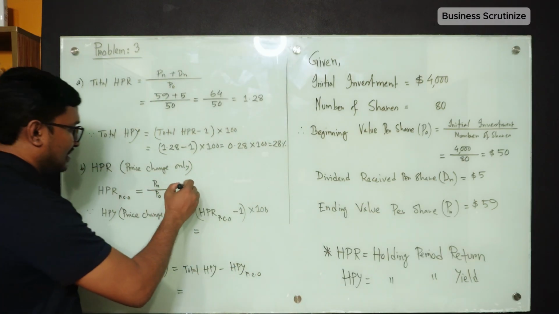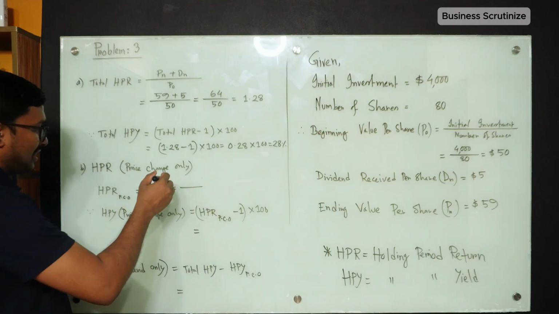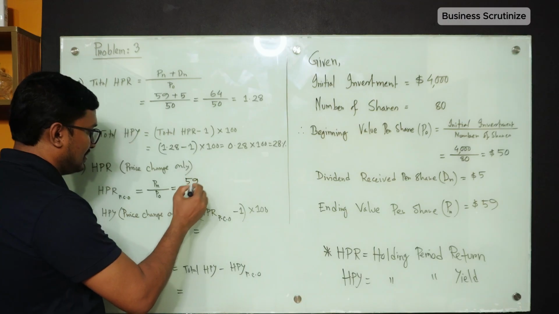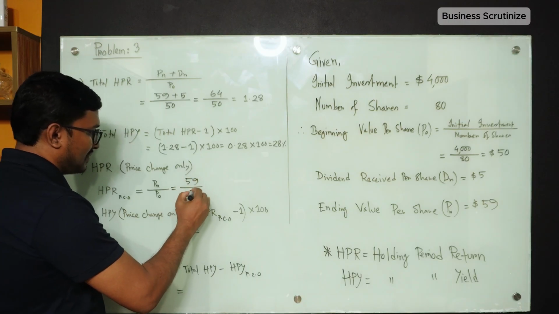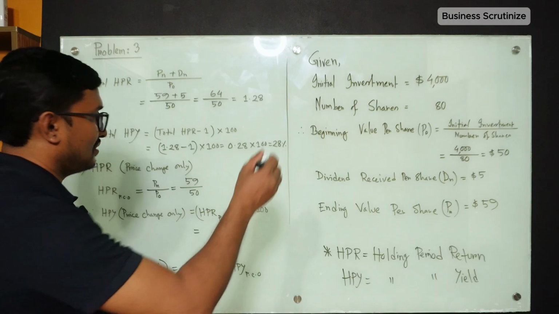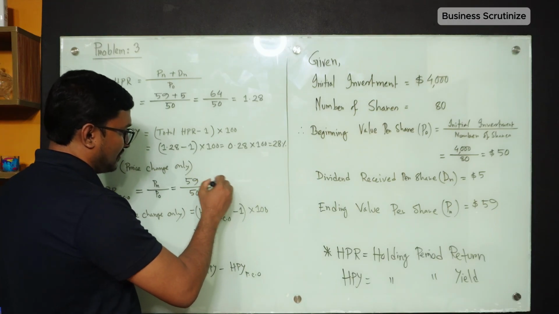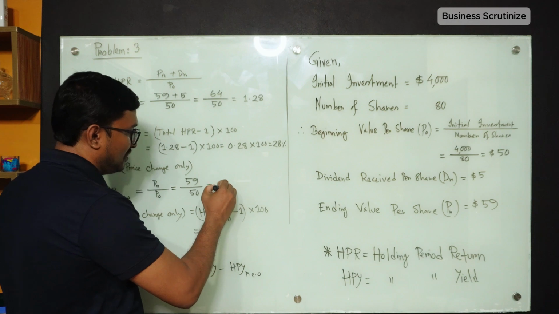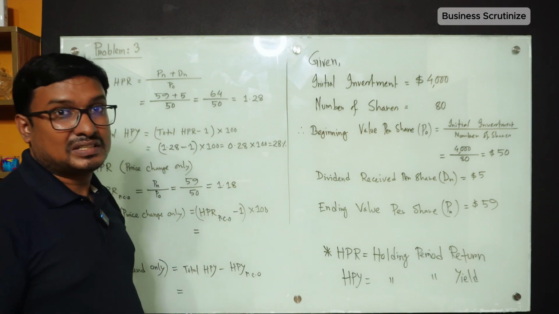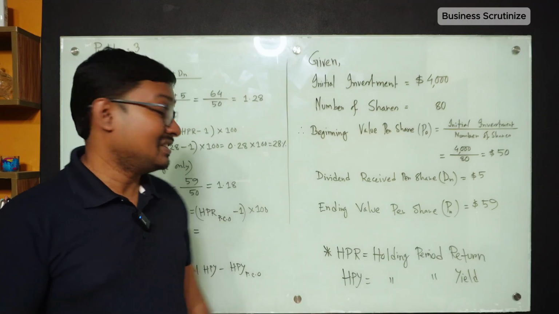So we write PN only, as we have been told to consider price change only. So the amount is 59 divided by the beginning price, $50. If we compute it, it is 1.18. So 1.18 is the HPR when we just consider price change.